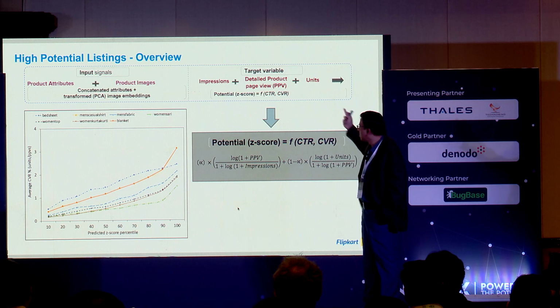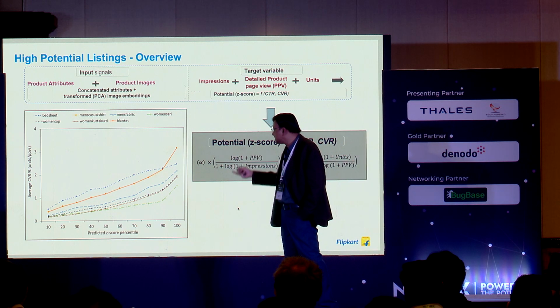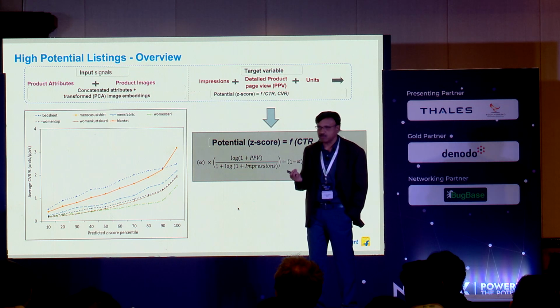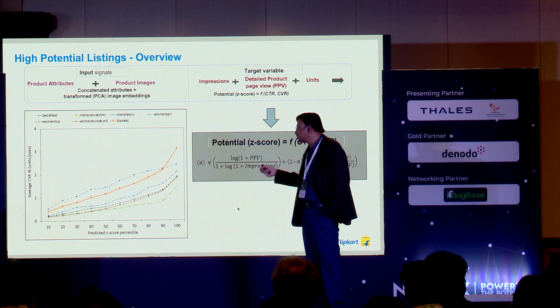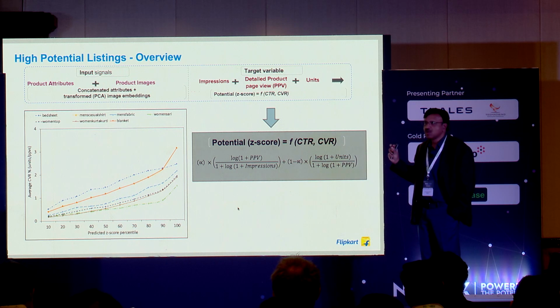This gives you an example for various product categories of the predicted z-score, which says whether it's high potential or not. Based on the predicted z-score, particularly the higher z-scores, you see that these are products which are liked by consumers. So this is one way.